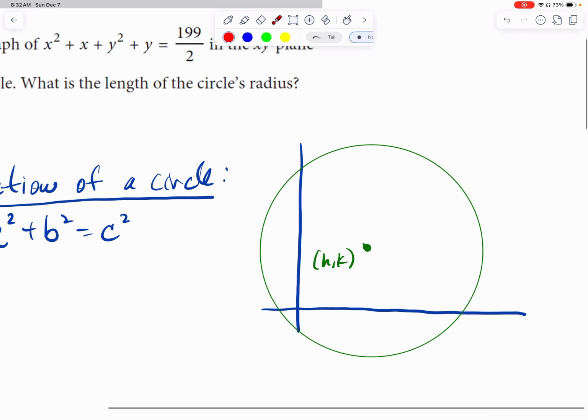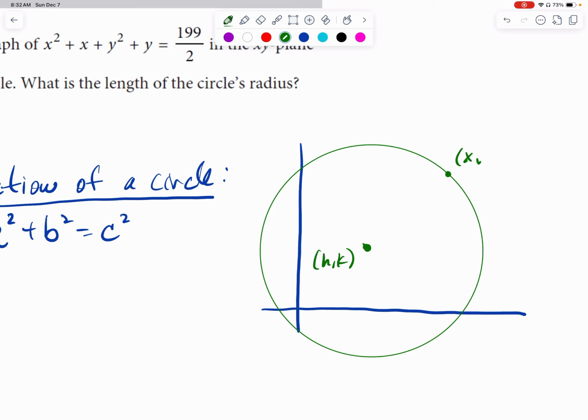And then remember what the circle is: it's just these points that are on the green part here. That is the circle. And I'm just going to pick one of these points at random on the circle. Let's say I pick this one here. It would have xy coordinates as x comma y. That's what I'm going to just call it. So this represents essentially every single point here, just in terms of a variable.